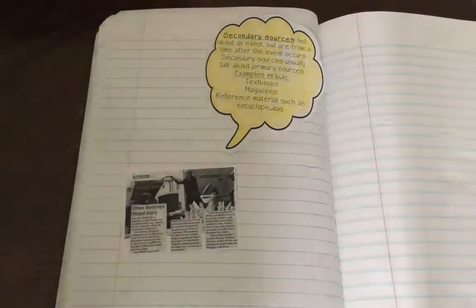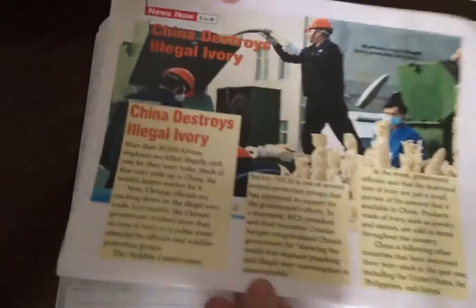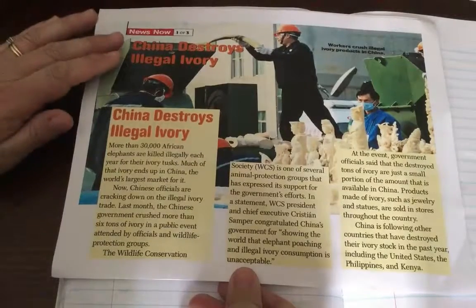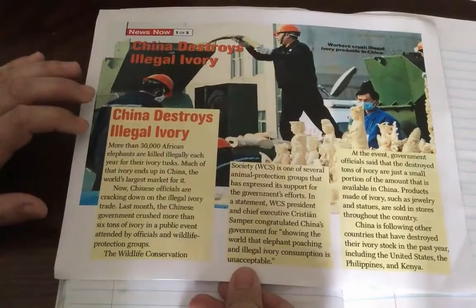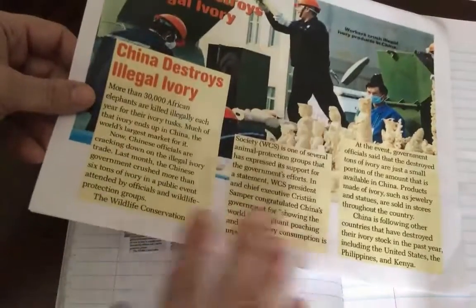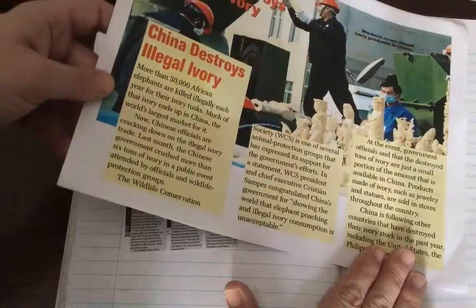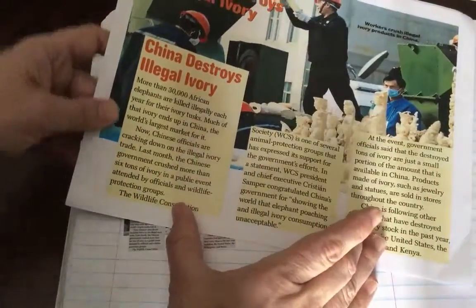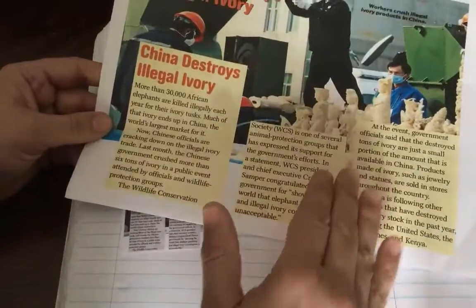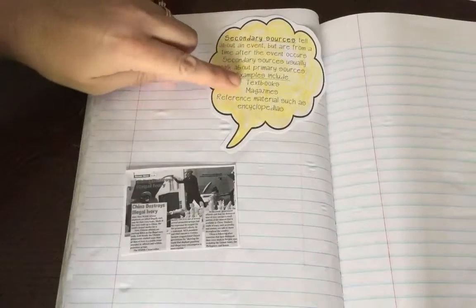One of the examples that I found of a secondary source was this article in Time for Kids about China destroying illegal ivory. The author writes about what had been done. The author wasn't actually participating in the destruction, but rather they've learned about it. And so this gives us an example of a secondary source.